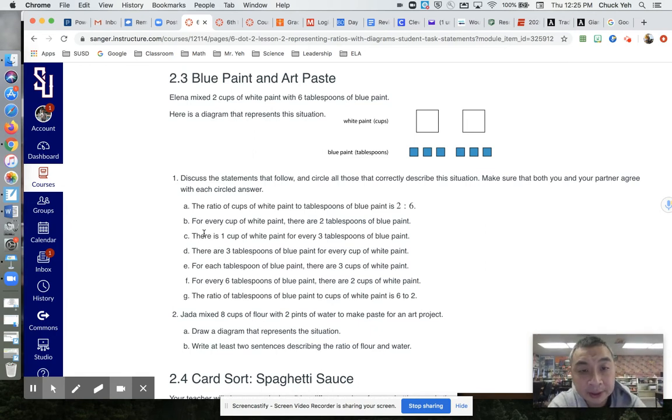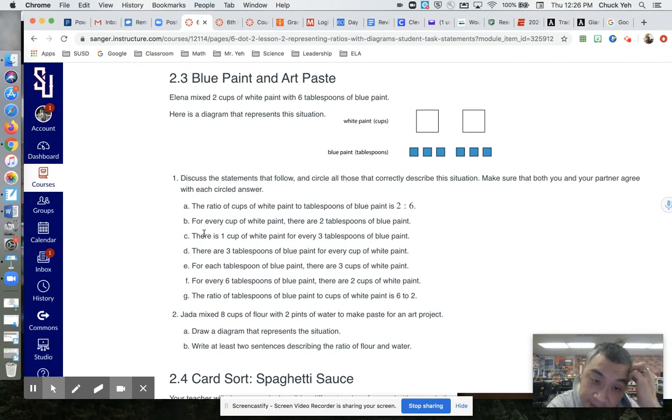So 2.3, draw the diagram so that you can refer back to it when you want. 2 white and 6 blue. Which one of those 7 goes with the ratio? So let's do the first one together because that's what we did in class. So the ratio of cups of white paint to tablespoons of blue paint is 2 to 6.